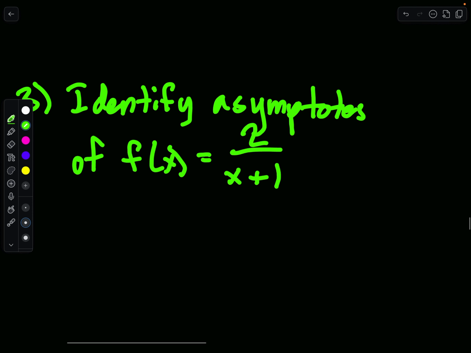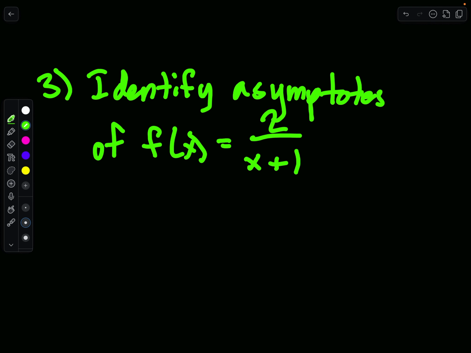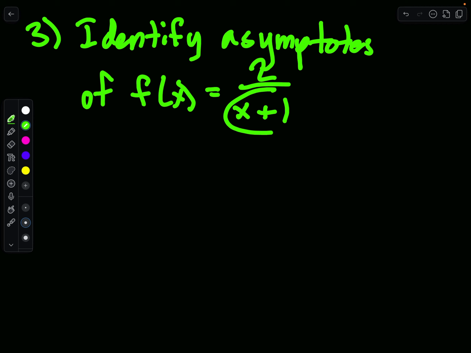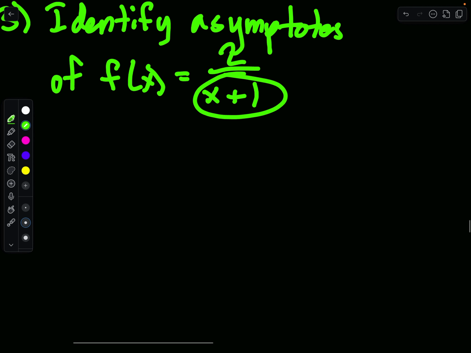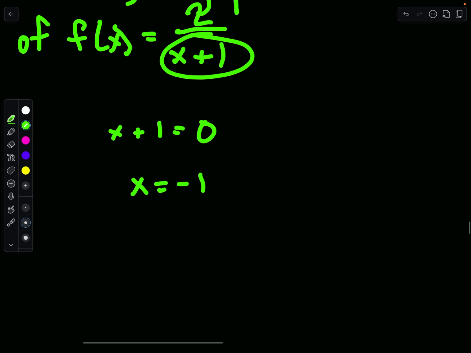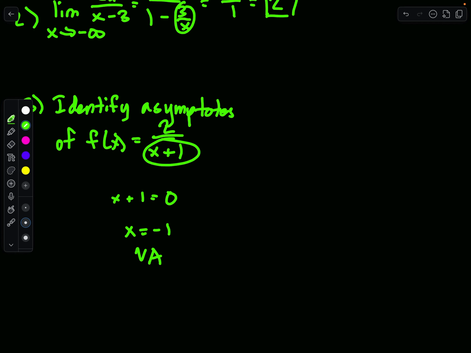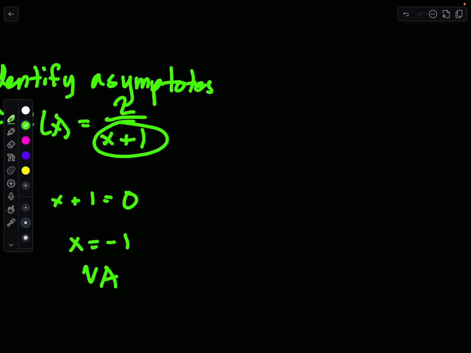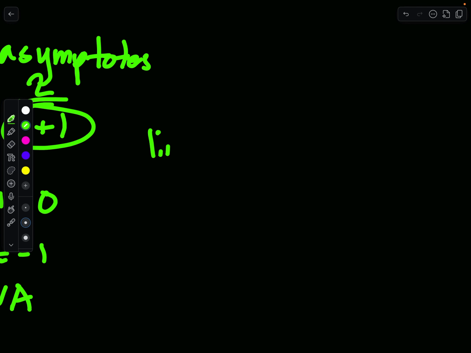Now for number 3, we're going to identify the asymptotes of f of x equals 2 over x plus 1. Well, when does the denominator equal 0? When that equals 0, that's when we know that there's going to be an asymptote. So x plus 1 equals 0, meaning that x equals negative 1 is our vertical asymptote. Now for our horizontal asymptote, we look at limits to infinity.